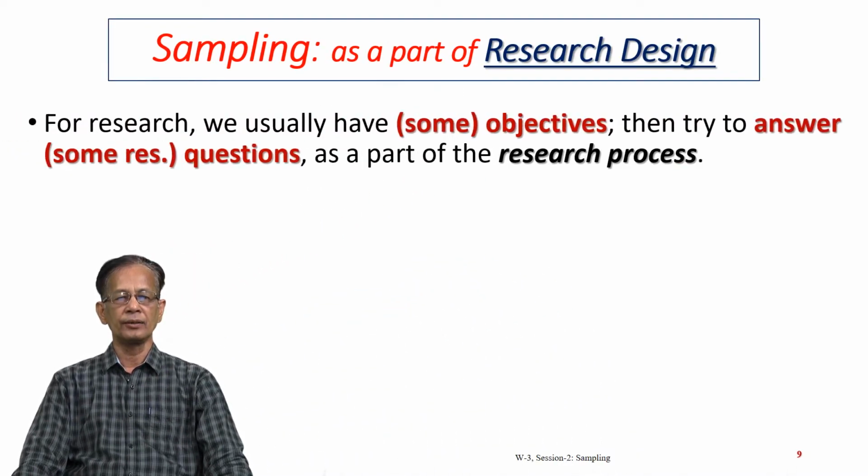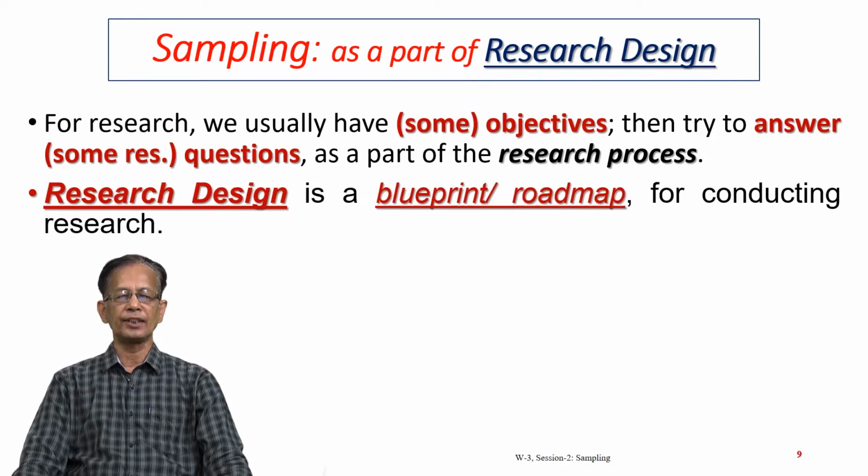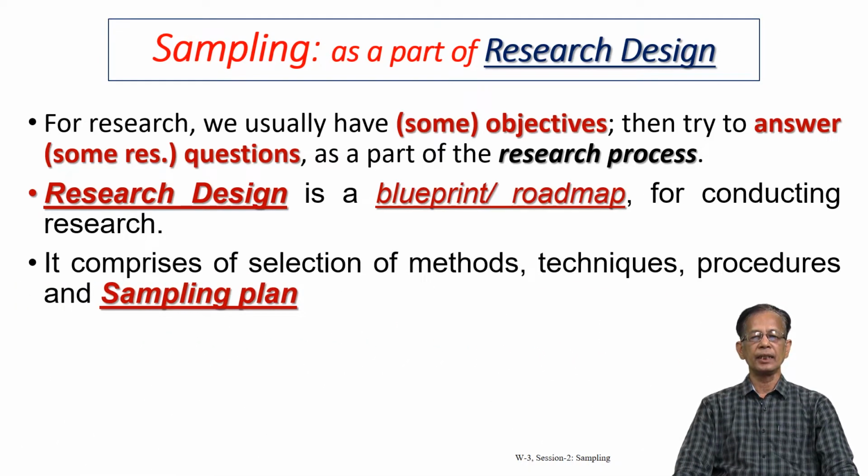For research, we usually have some particular objectives, then we try to answer some research questions as part of the research process. So this research design, we can say, is a roadmap or a blueprint for conducting our research. This comprises selection of methods, techniques, procedures and the sampling plan which we are discussing now.